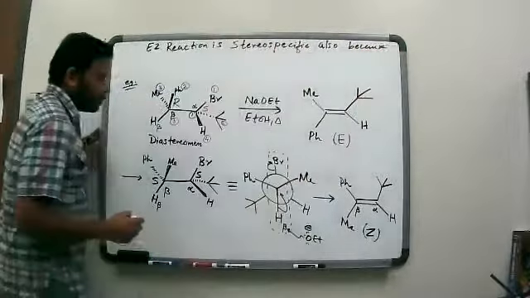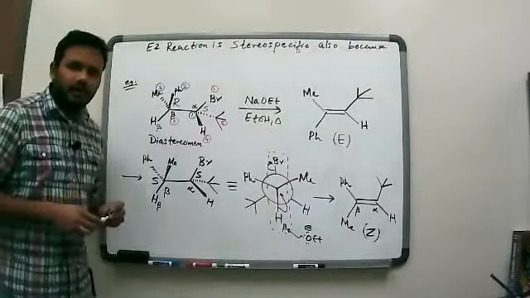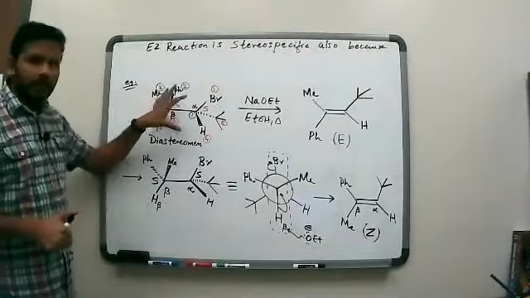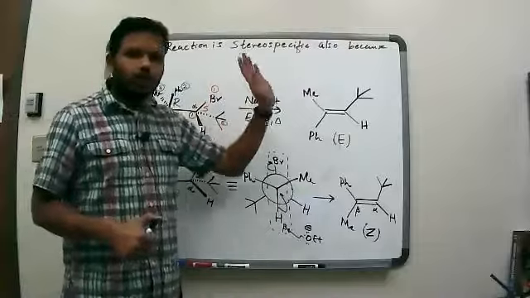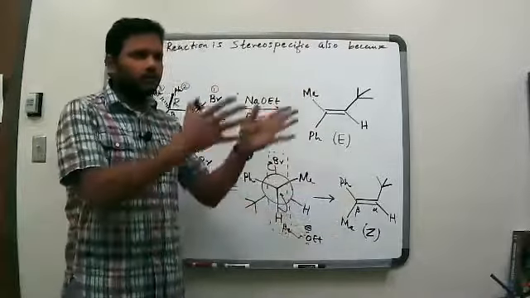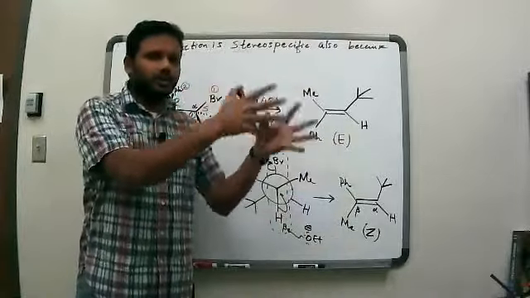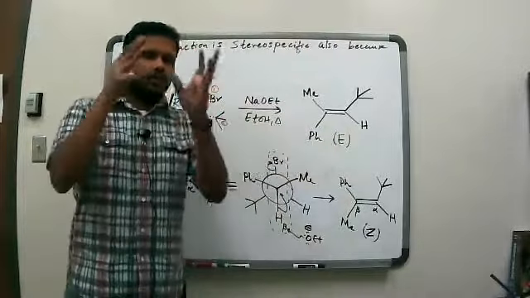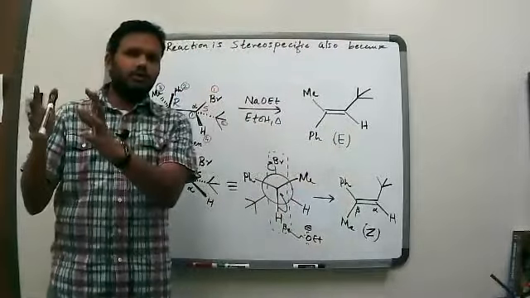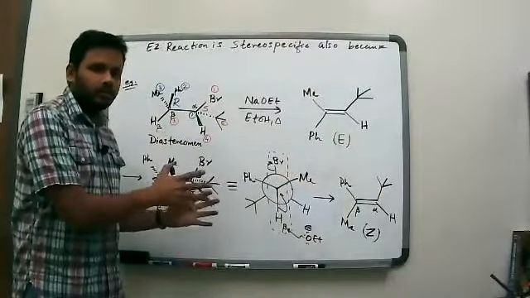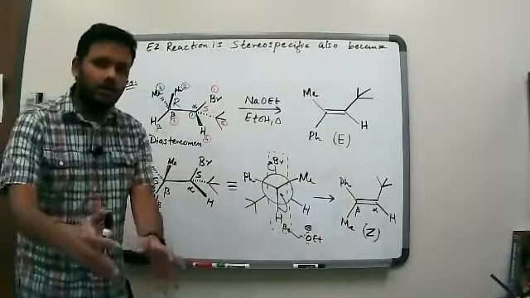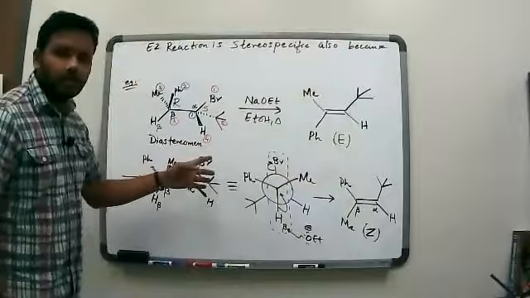Because what happens in a stereospecific reaction is one stereoisomer of the reactant is going to give you one stereoisomer of the product. If you start with a specific stereoisomer of the reactant, you're going to get a specific stereoisomer of the product. If you start with another stereoisomer of the reactant, you're going to get another stereoisomer of the product. And that's exactly what we're seeing here.